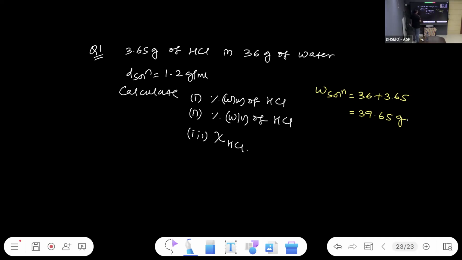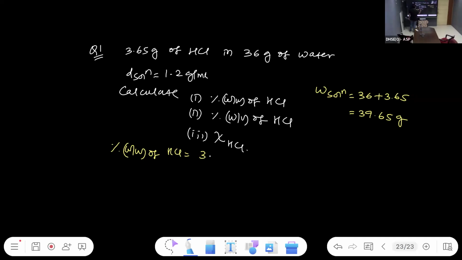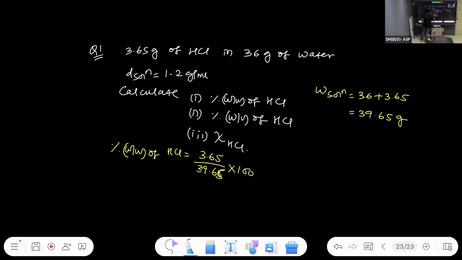So the first question is percentage weight by weight of HCl, that is mass of HCl divided by total mass into 100.